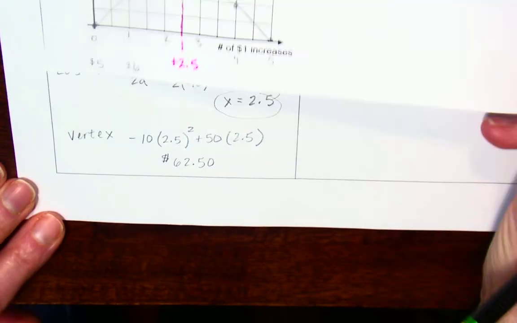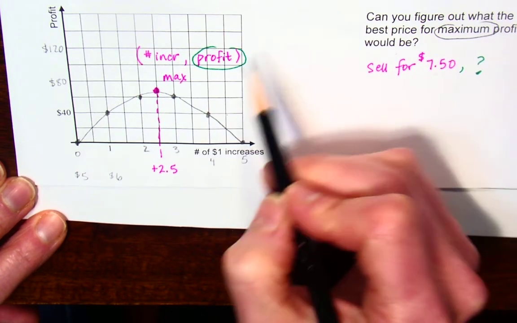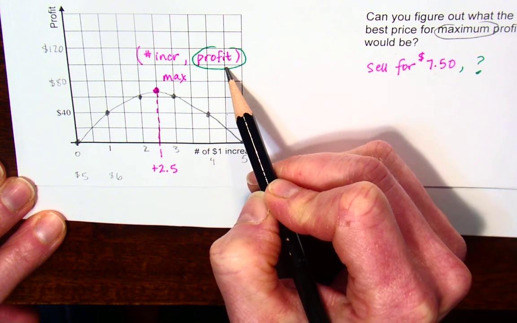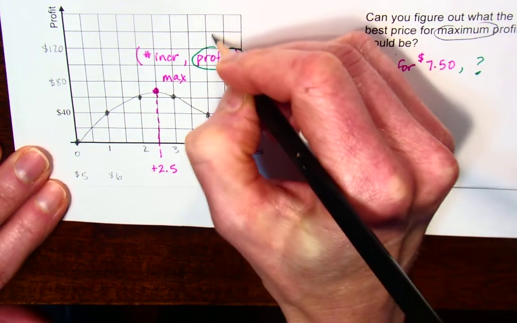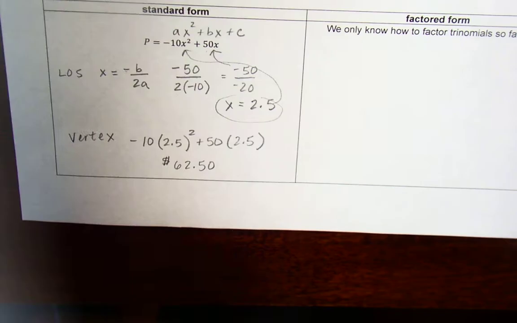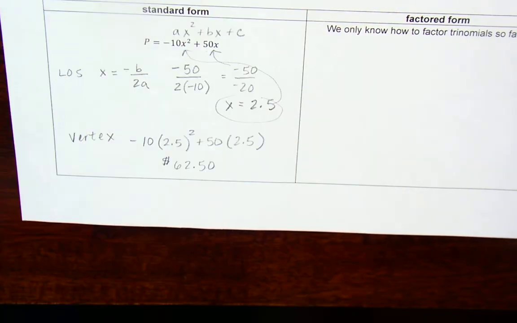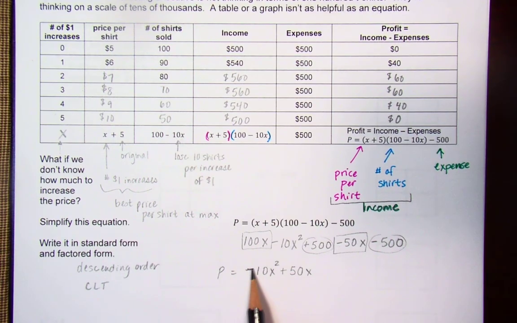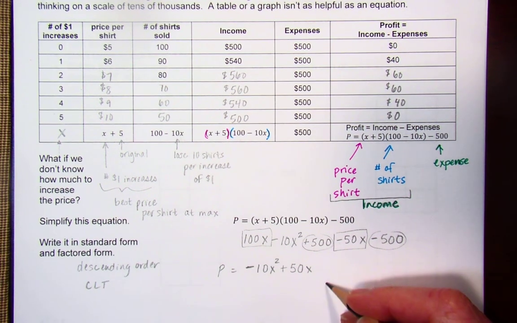So for this top point right here, that maximum profit would be $62.50. Remember that the negative sign in front means that it's going to open down, which it did.